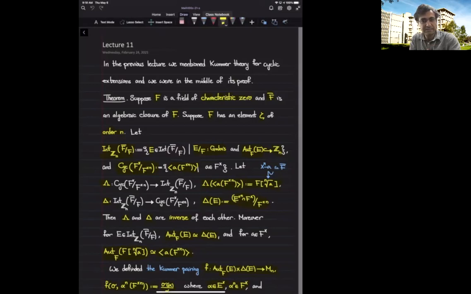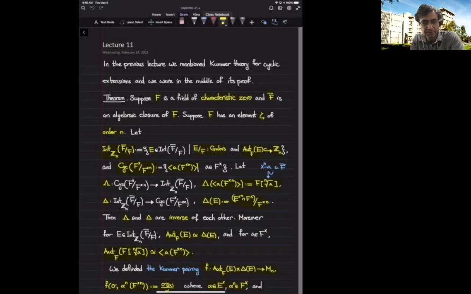So this is the cyclic part of Kummer theory, and we can also interpret it as having an internal description of all the cyclic extensions of the field F that can be embedded into Z sub n, assuming that F has all the nth roots of unity, meaning it has at least one element of order n.